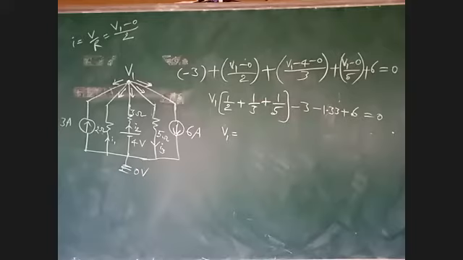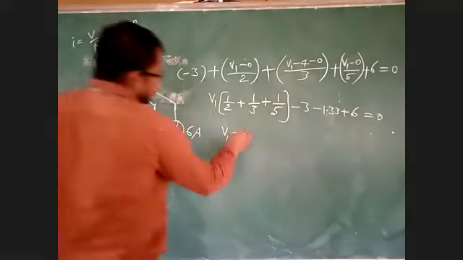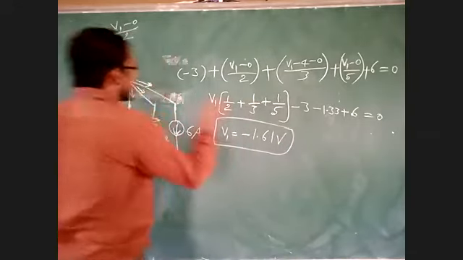Tell me the value of V1. Minus 1.61. This is your node voltage.